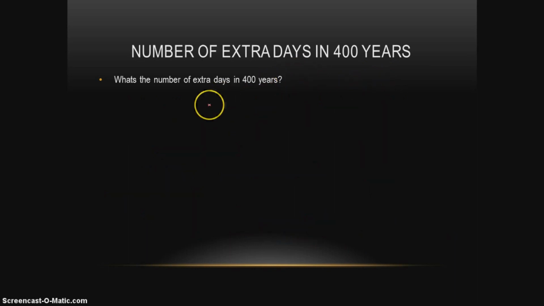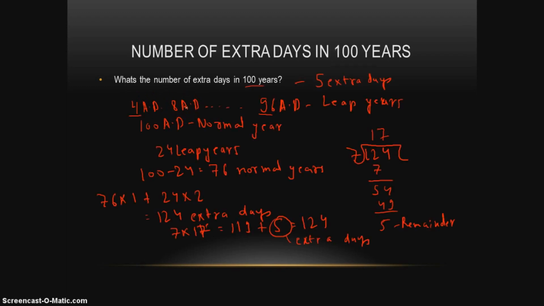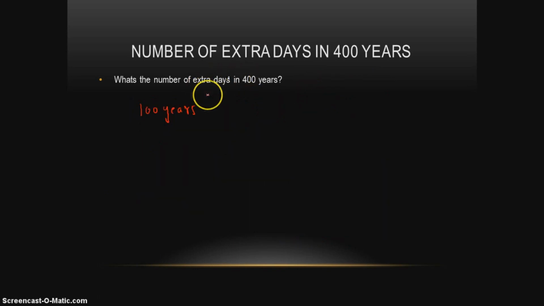Okay. Next, let's move to what is the number of extra days in 400 years. So we found out that for 100 years we had 5 extra days. We found that in the previous slide itself. So for 200 years we would have 5 into 2 equal to 10 extra days.